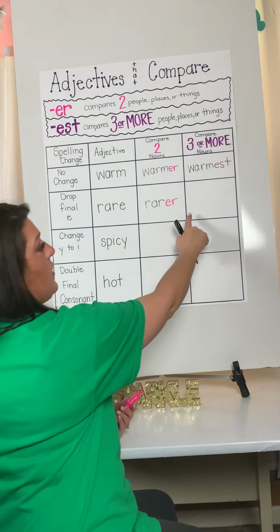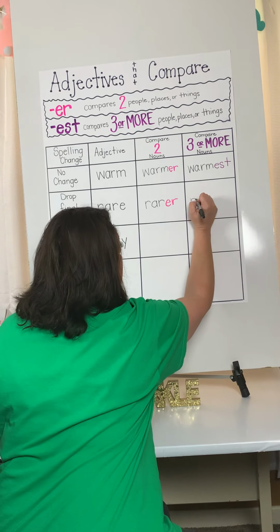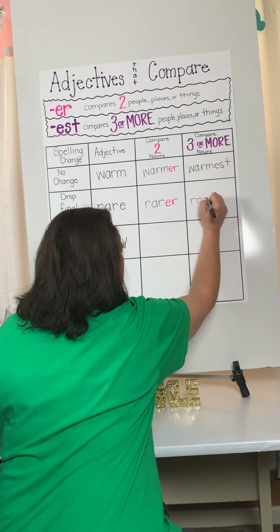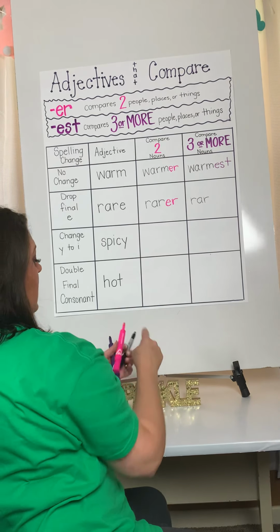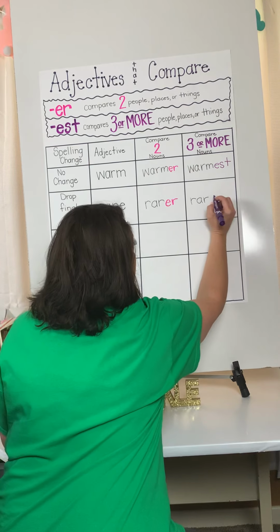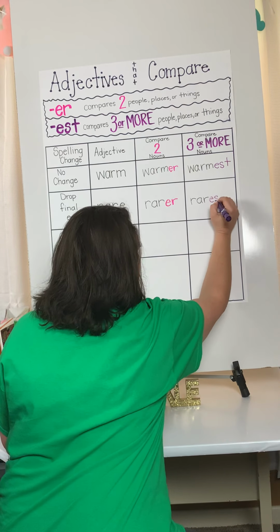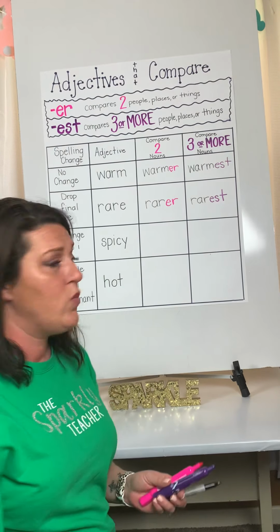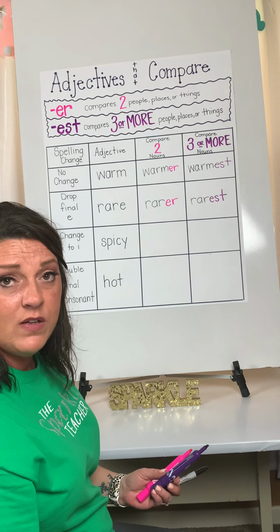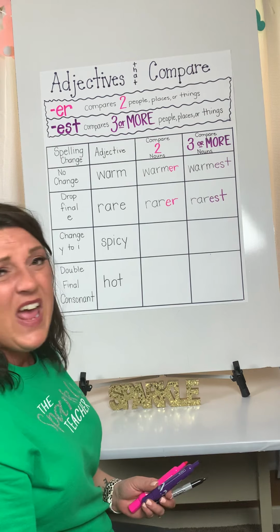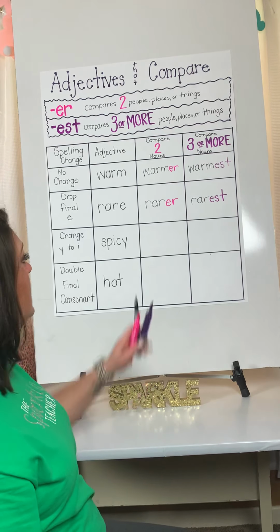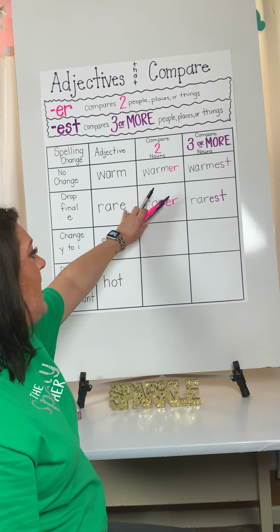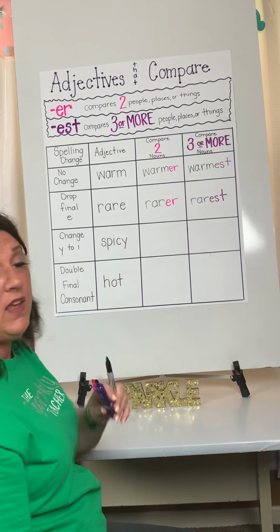And then when you get to rarest, you drop the first E and add EST. Because if you don't, friends, your word would be rarer and rarest, and those aren't words. So we drop this final E if it's vowel consonant E.